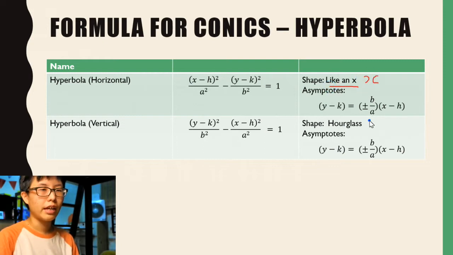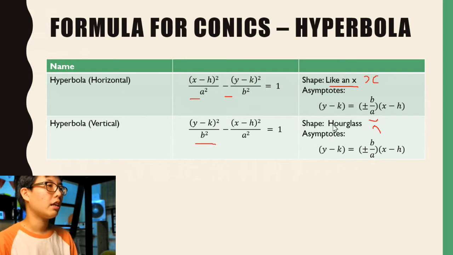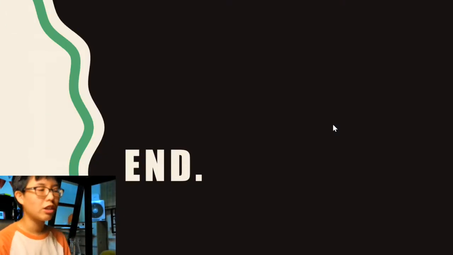And this is shaped like an hourglass. You notice which is positive, the x squared term or the y squared term. And your asymptotes are actually the same. And that is the end of these 2 videos on conics.